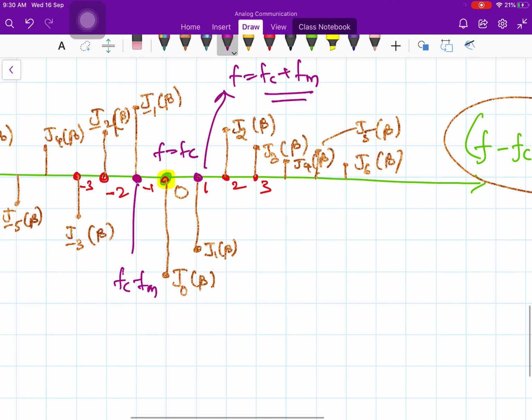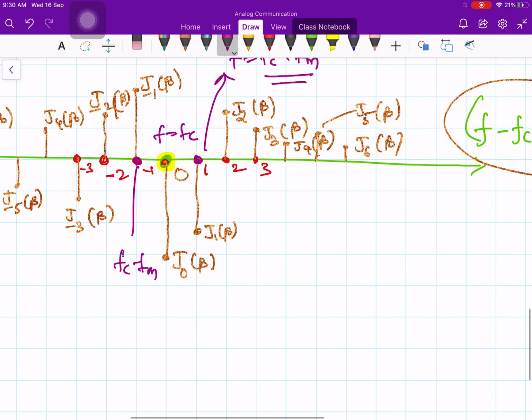So this one denotes fc plus fm, and this one denotes fc minus fm. So instead of fc plus fm, fc minus fm, I have written 0, 1, minus 1, 2, minus 2, and so on. But remember that the 0 point denotes the frequency fc because it is normalized.